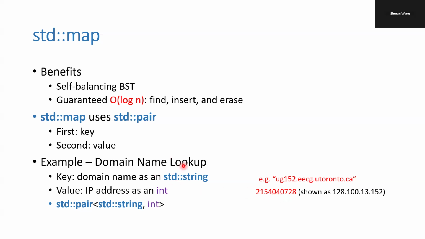And your domain name server will store this as a binary search tree. It will look for google.ca inside the keys, and it will return the second value associated with that key, which is integer format as the IP address.